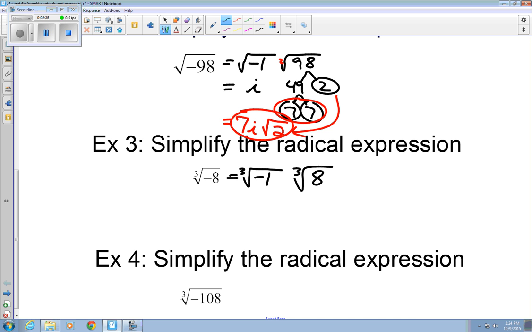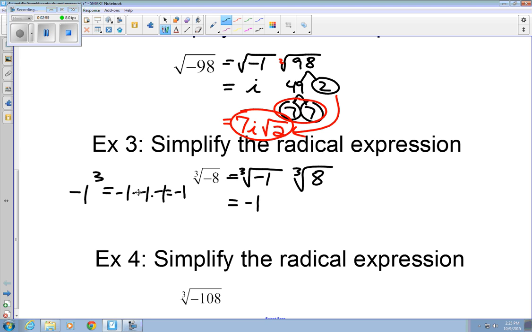You have to be careful with cube roots of -1. If you think about -1 cubed, that is -1 times -1 times -1, which is -1. So when you take the cube root of -1, it actually is -1. So the cube root of -1 is -1.